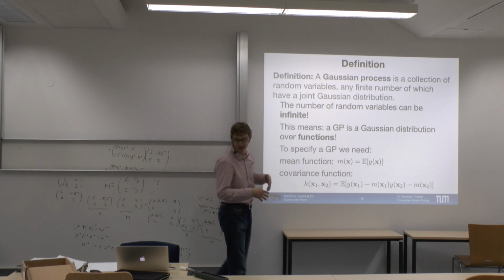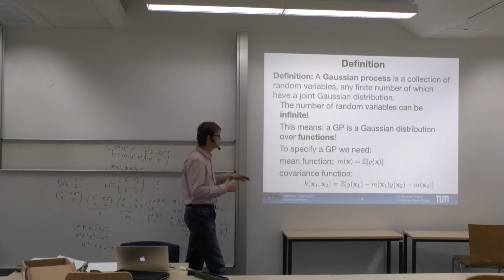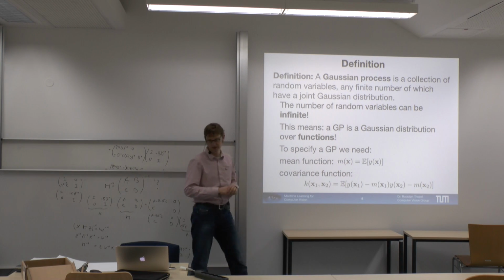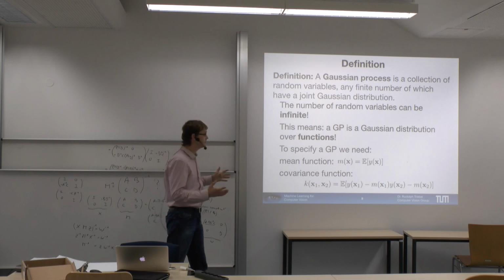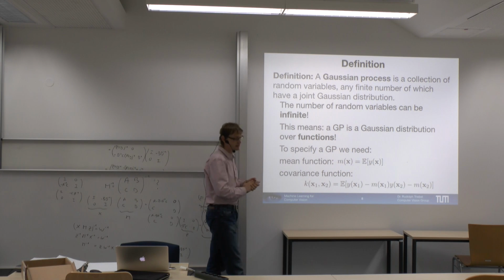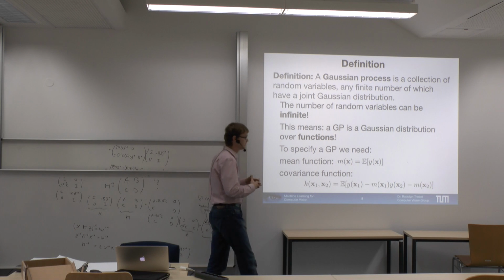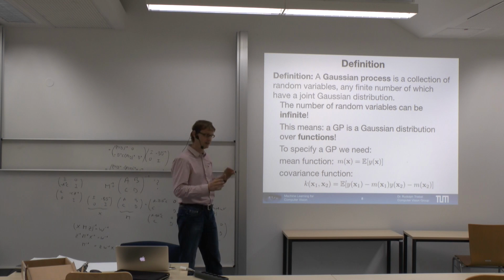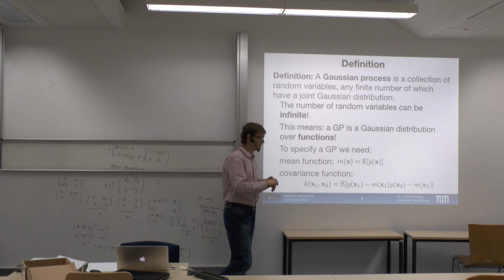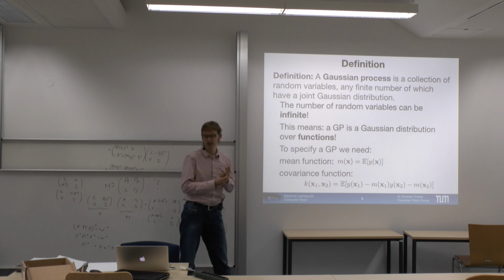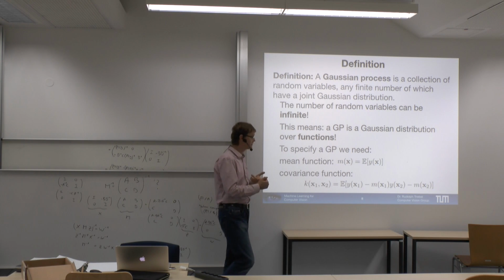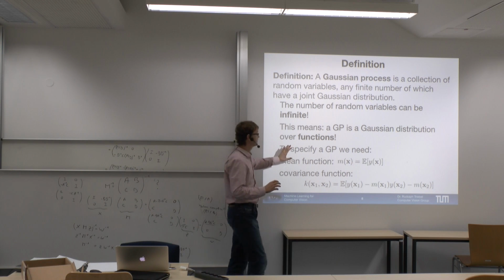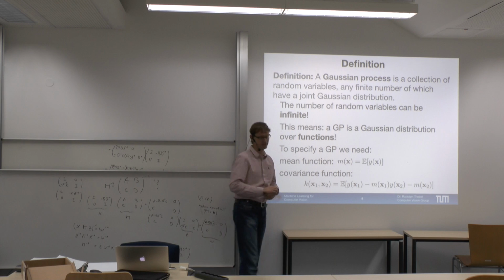That means we have a mean function instead of a mean vector, and we also have a covariance function. Equally to standard Gaussian distributions, we only need these two things to define the Gaussian process. For the finite Gaussian distribution, we need a mean vector and a covariance matrix to fully specify it. Here we only need the mean function and the covariance function to specify the Gaussian process.